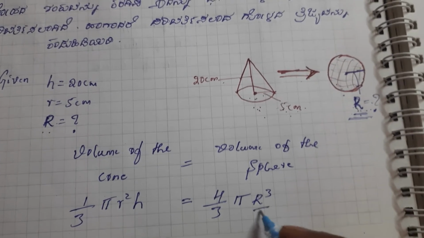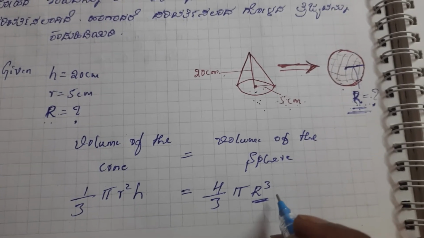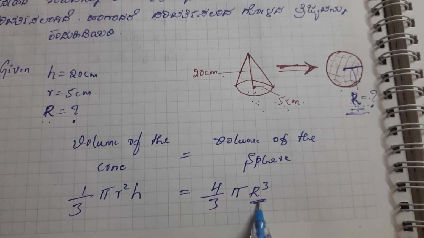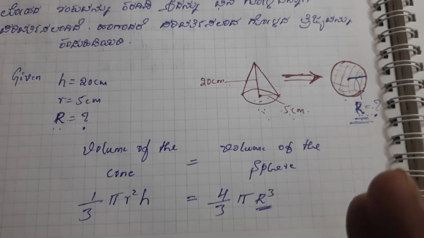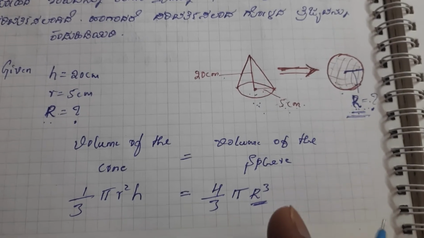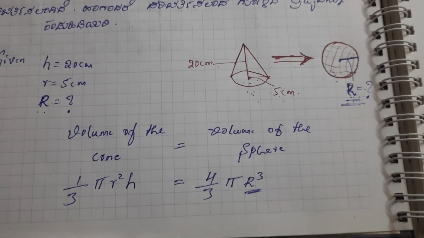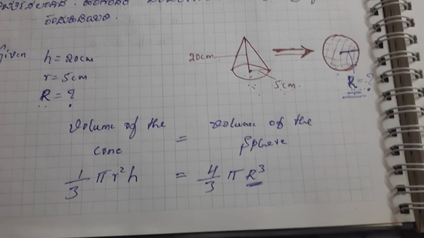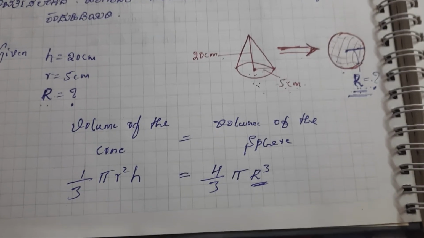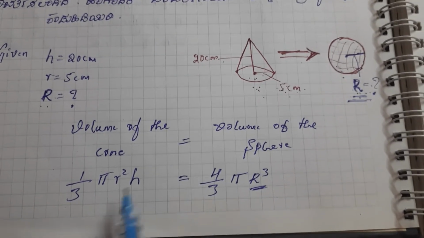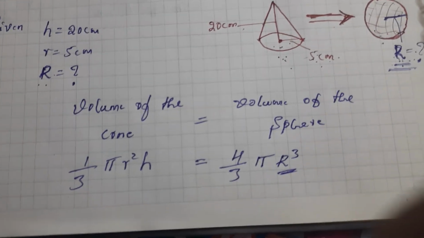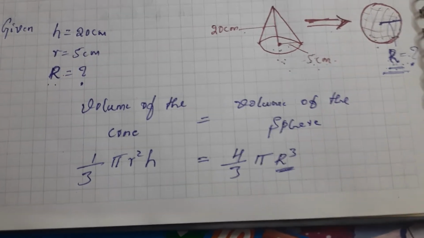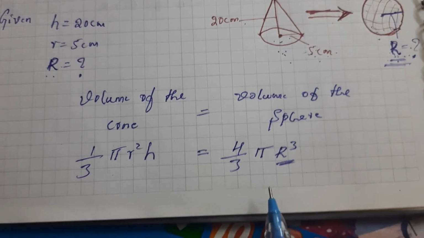I have taken capital R here because I already told you the radii of the two solids change, because we are converting one solid into another solid. That is why you have to take any one of the radii as capital R. Then how to substitute the values in this formula?